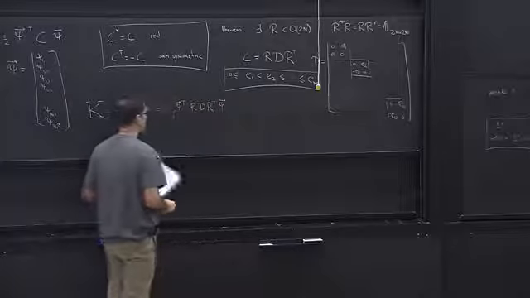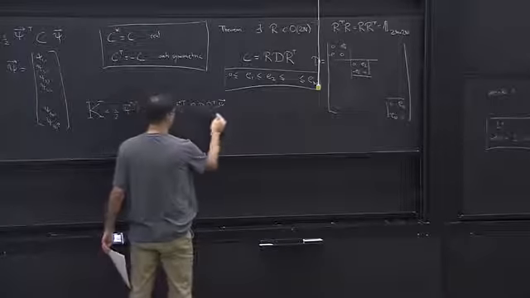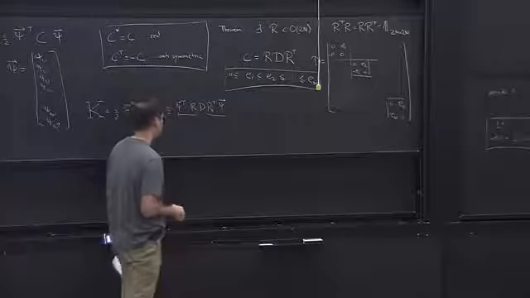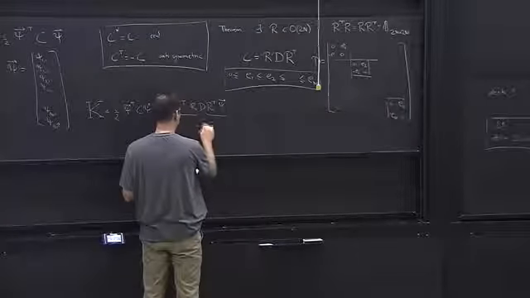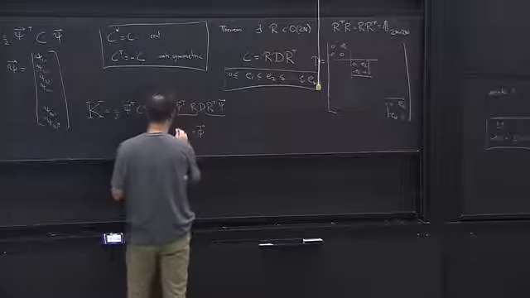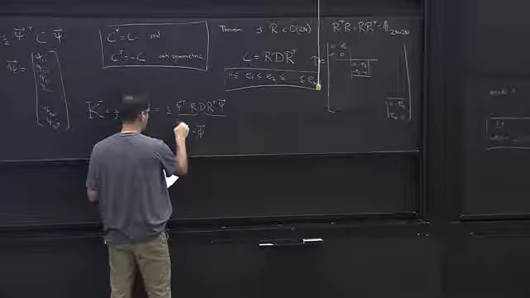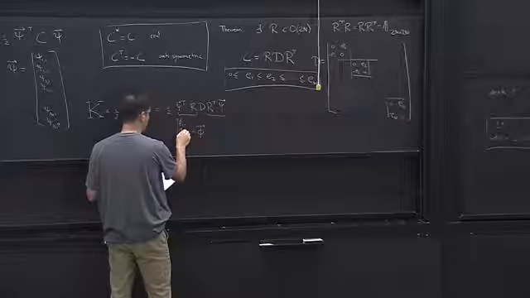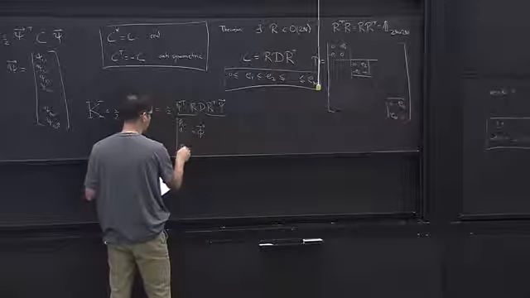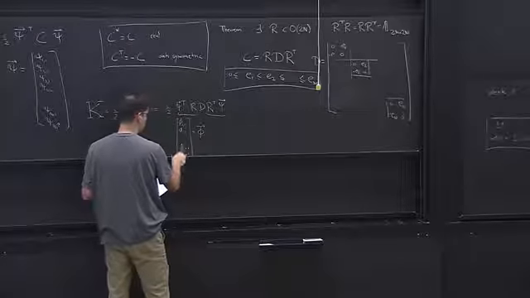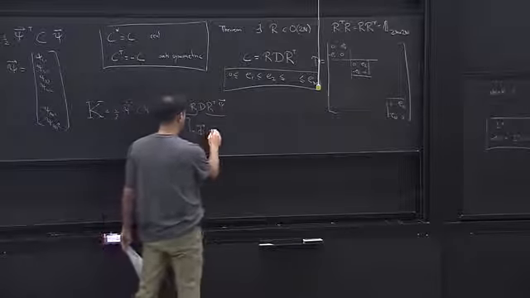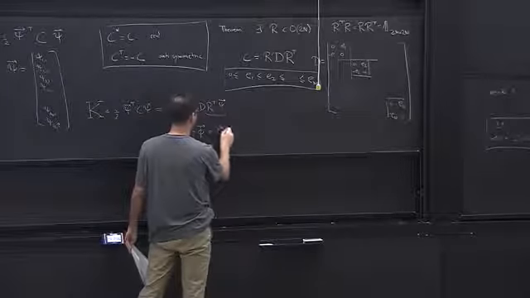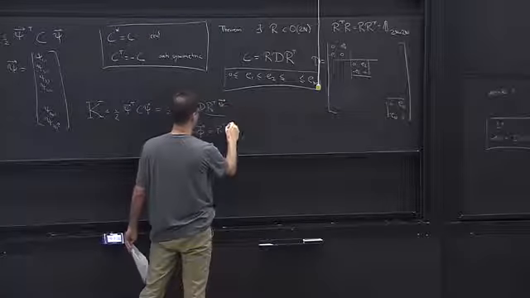Okay. And now we're going to define a new set of Majorana operators, phi, which will be equal to, again, phi 1,1, phi 1,2, all the way to phi n,1, phi n,2. We have 2n of those organized as a vector, and we'll define it just by being R transpose psi.